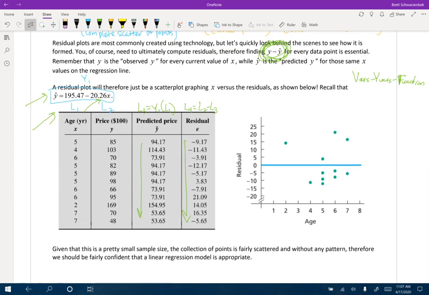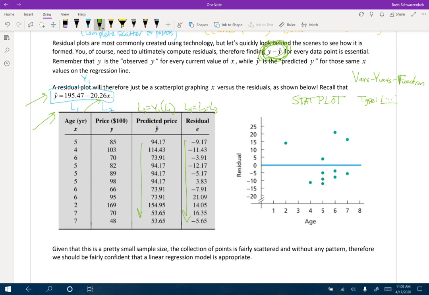The only thing left to do is to create the residual plot on your calculator. So you're going to go to your stat plot again, which is above your y equals. Make sure it's on. It should be right now because you probably have the regression line. Make sure again that it's the first type, which is the scatter plot.